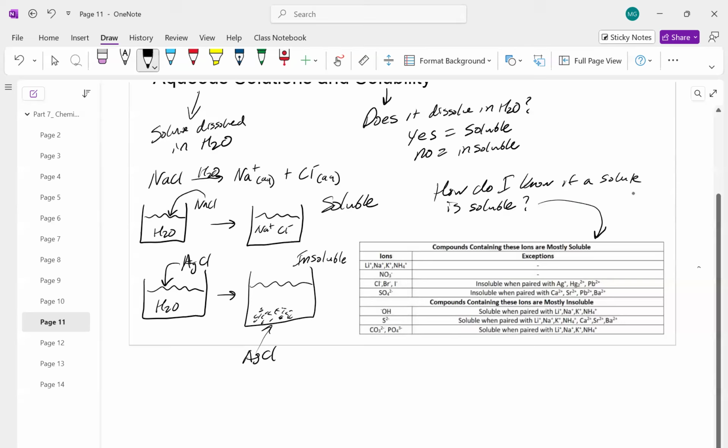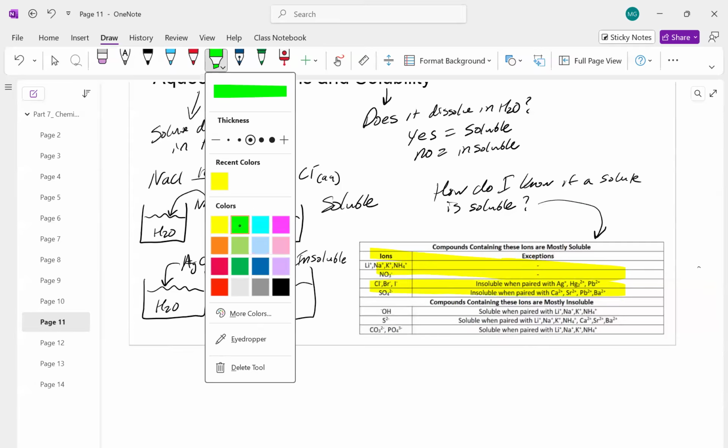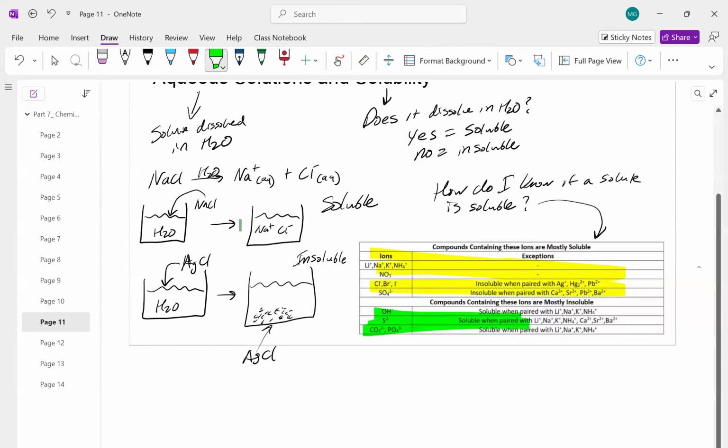So I don't expect you to memorize anything. I expect you to know how to use this chart. What this chart says is that in the upper half here, these things are soluble if they contain this ion, and then there are some exceptions. And then at the bottom, it says these things are insoluble, but here are the exceptions.